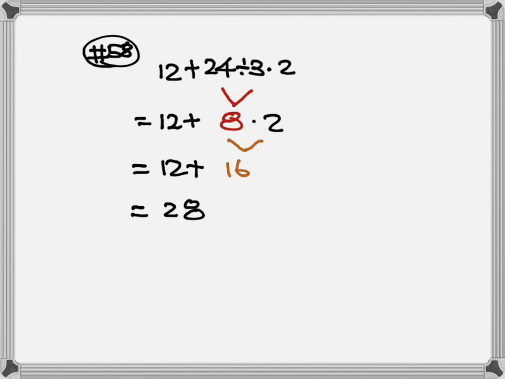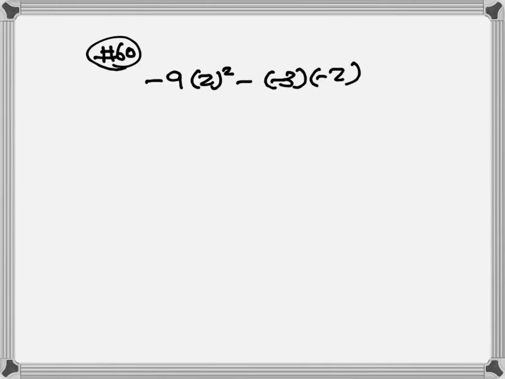Now let's look at number 60. Number 60, we have negative 9 times parenthesis of 2 squared minus negative 3 times negative 2. So here we're going to keep the negative 9. Then we're going to do the exponents first. So 2 to the second power is equal to 4. Bring down the minus.